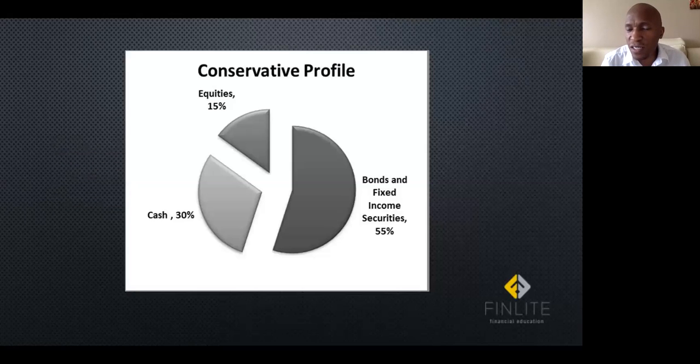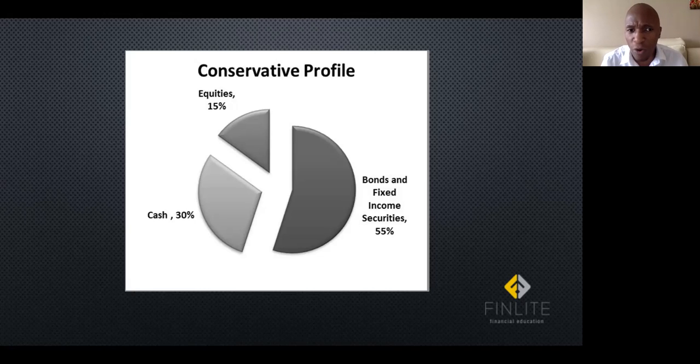So let's look at the different kinds of risk profiles that the clients have. The industry has almost categorized clients into different risk profiles, depending on their risk appetite. So for instance, the conservative profile would be someone who is looking at very little exposure to equities.